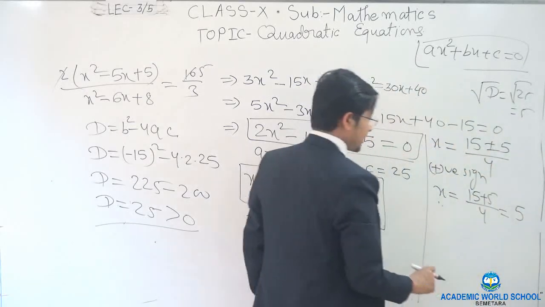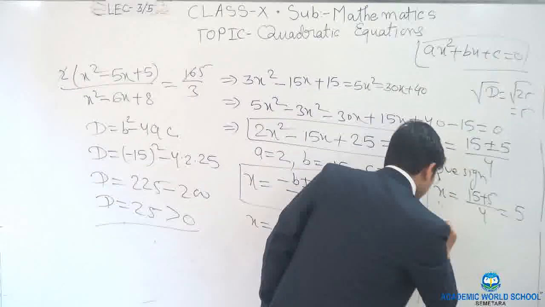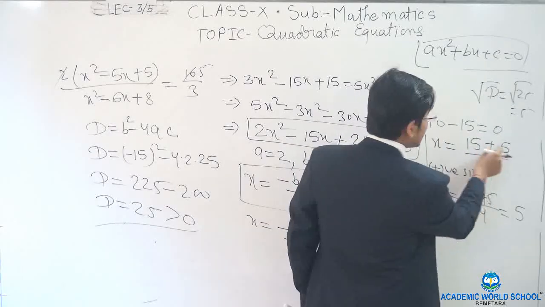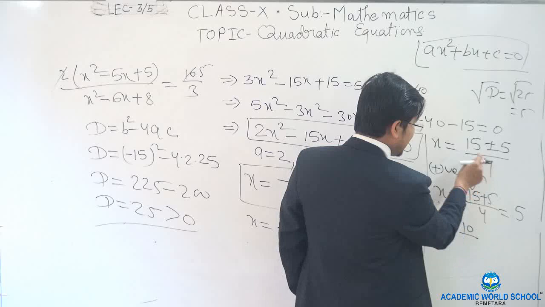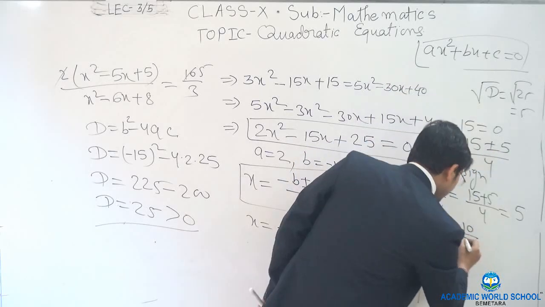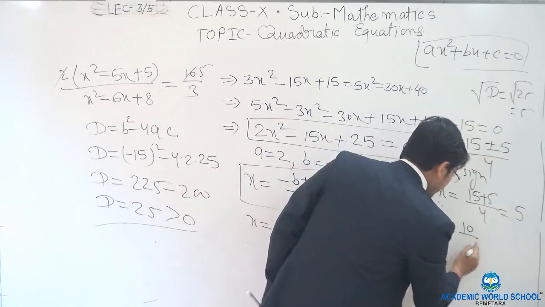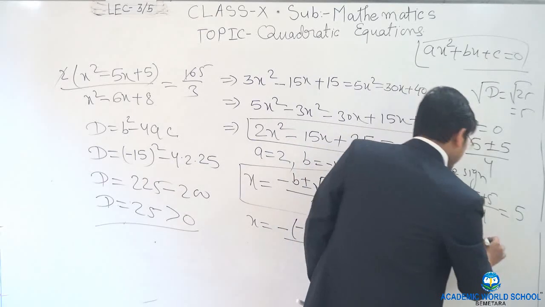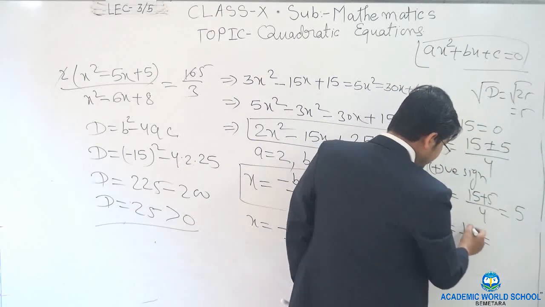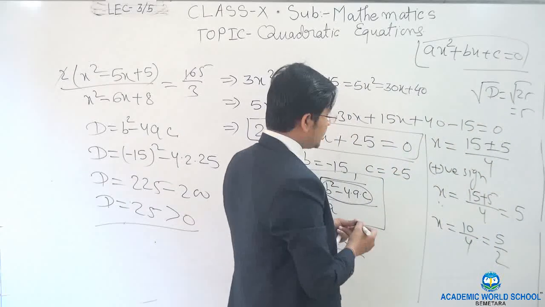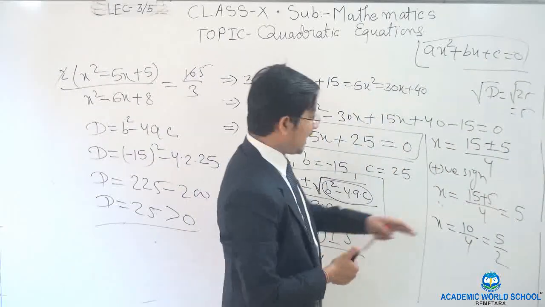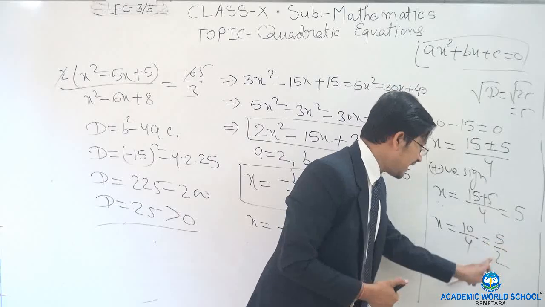So one root is X is equal to 5, and another X is equal to 15 minus 5, that is 10. We are going to take negative sign. So 15 minus 5 is 10. 10 divided by 4 is equal to 5 by 2. So one root is 5 and another is 5 upon 2.